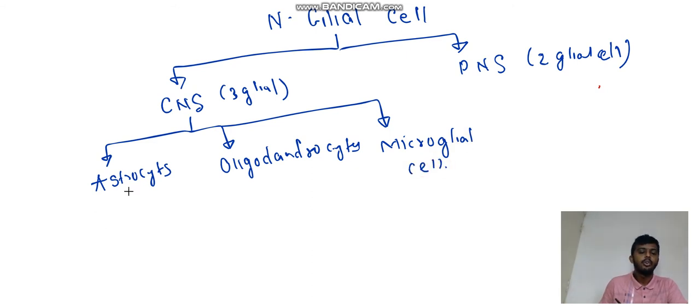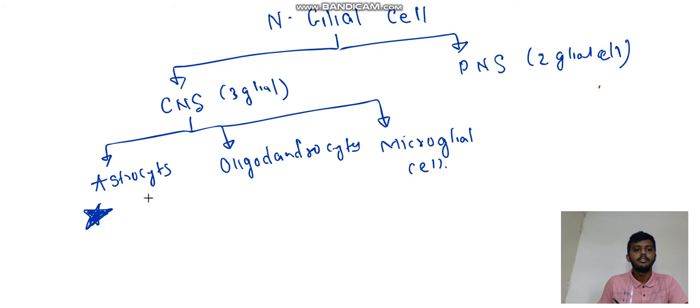Astrocytes are star-shaped glial cells, and the largest glial cells. Their functions include helping form the blood-brain barrier, and they are also selective markers for tumors in the brain.